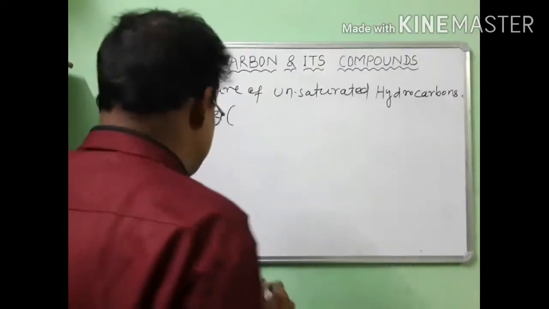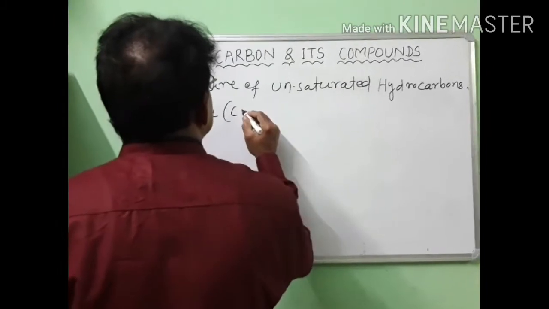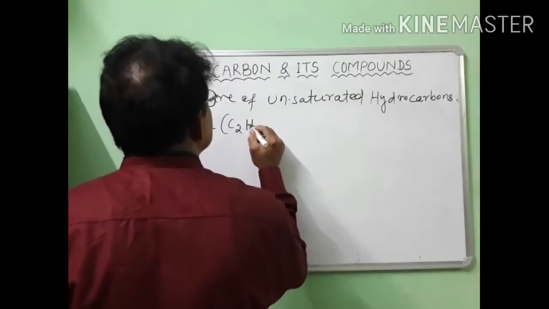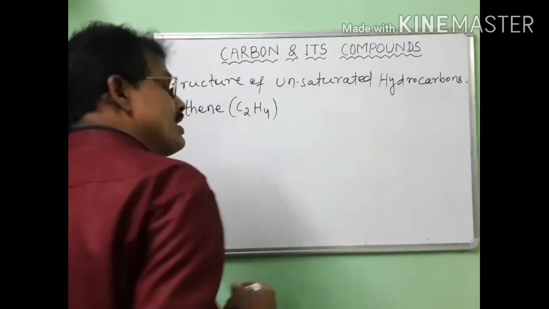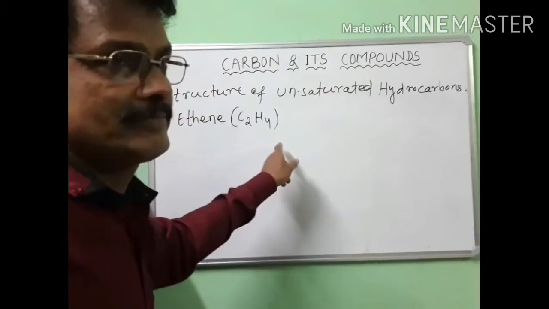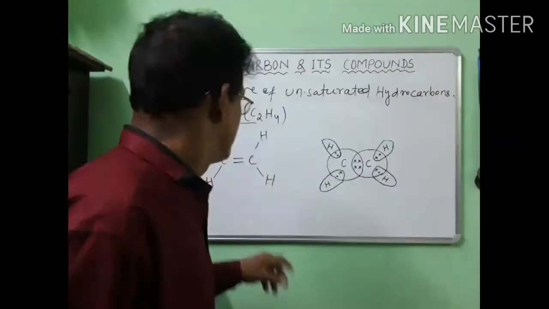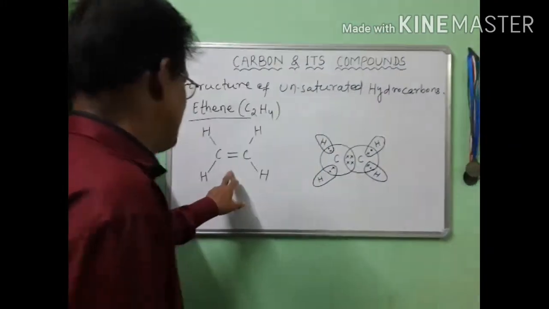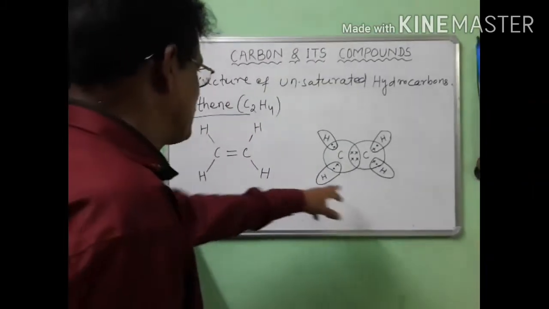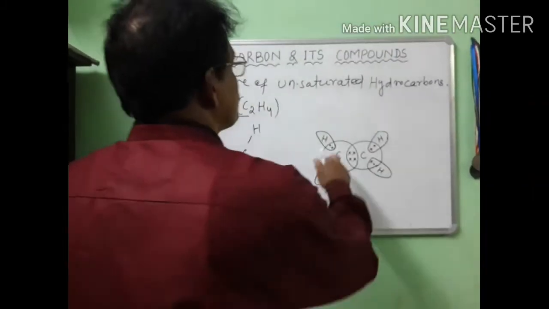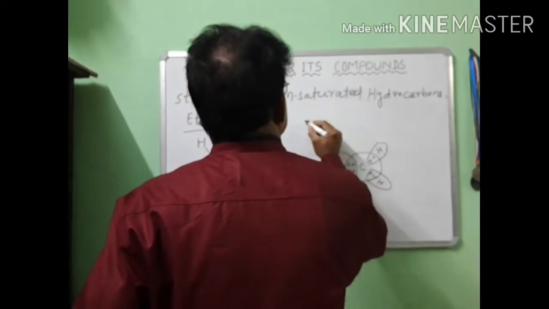The formula for ethene is C2H4. Clear? Now the structure is like this. This is the structure of ethene, and this is the electron dot structure.